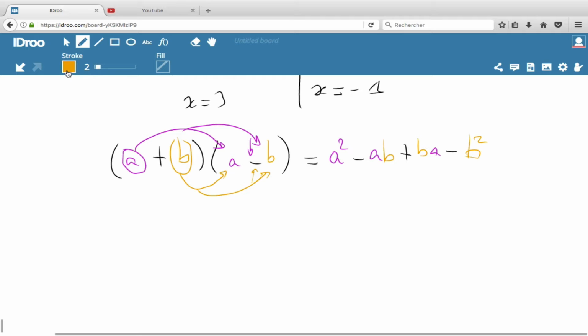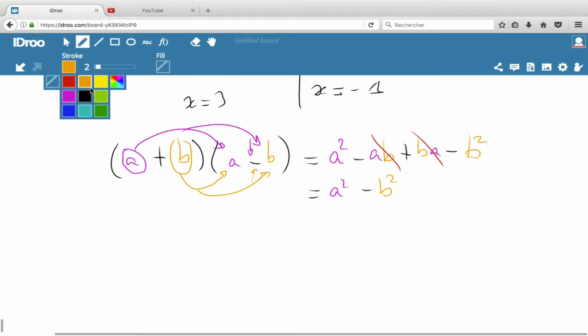The point here is a times b is the same as b times a, so minus a times b plus b times a equals 0. So we've got, sorry for the color, a to the square minus b to the square.